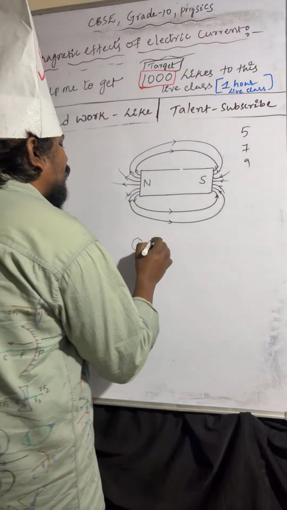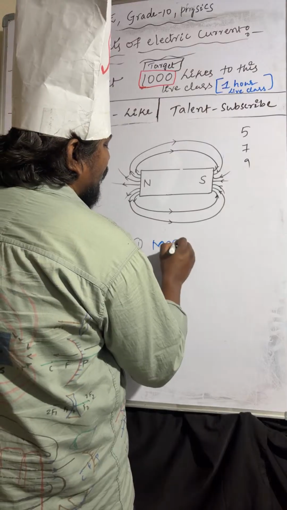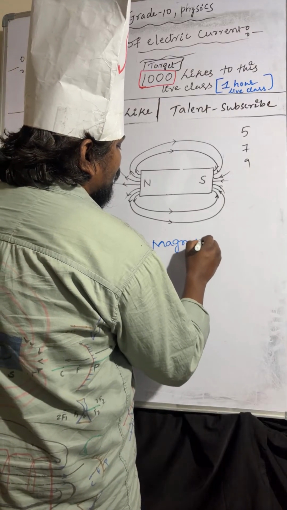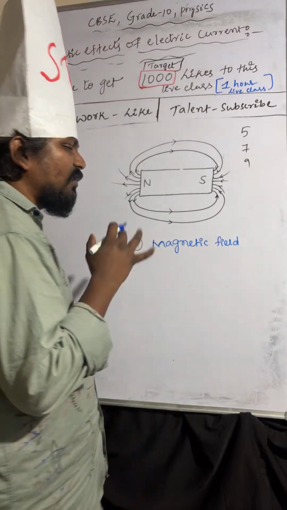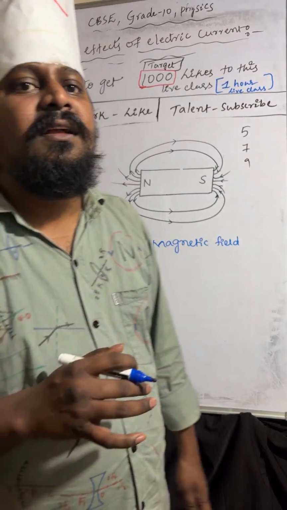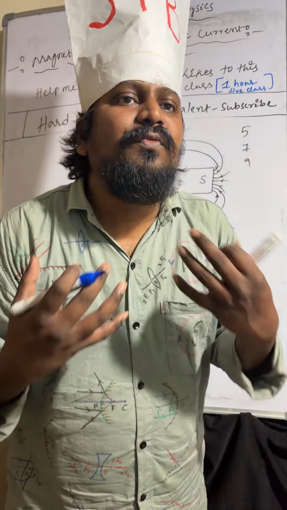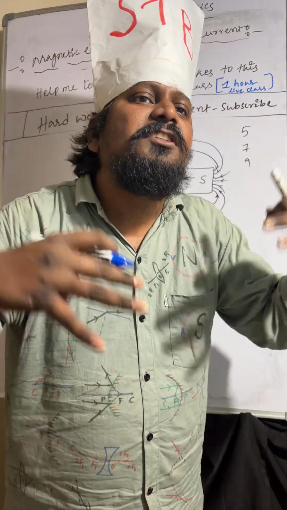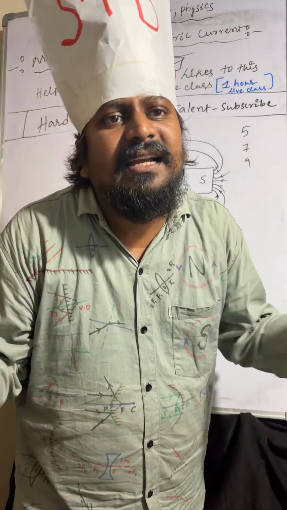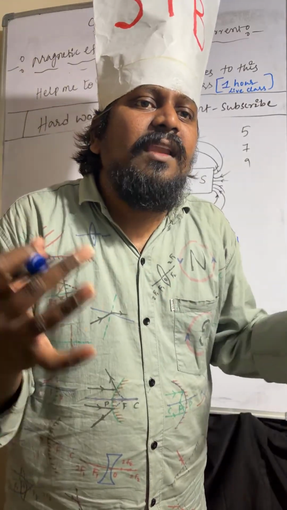The region around the magnet in which magnetic force is exerted is the magnetic field.